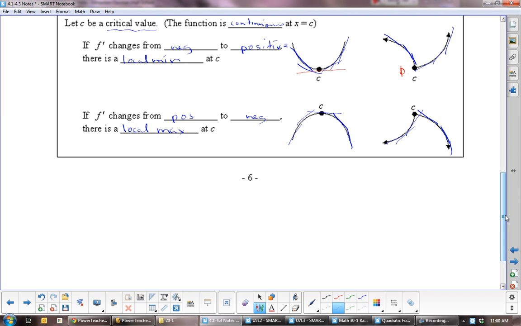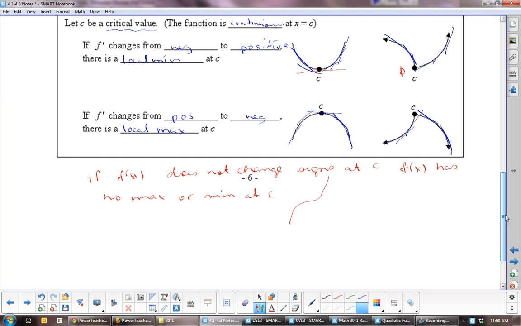Okay, so just one more thing to add though. If f prime of x does not change signs at C, f of x has no max or min at C. So a very good example would be something like this, where this would be the critical value, but it's going from positive on the left side of the critical value and positive on the right side.